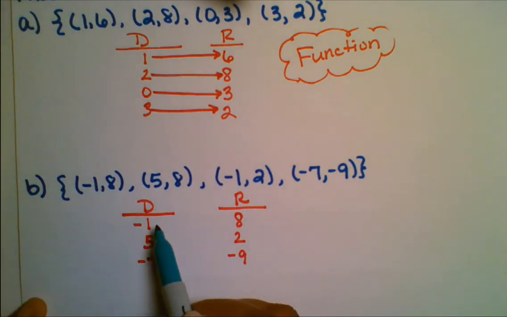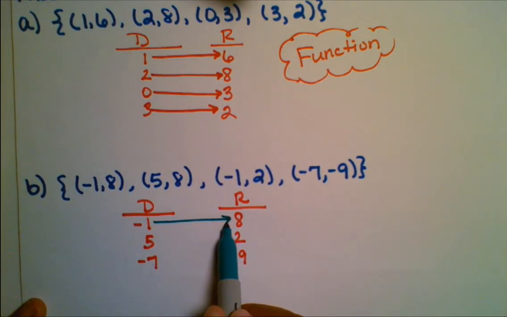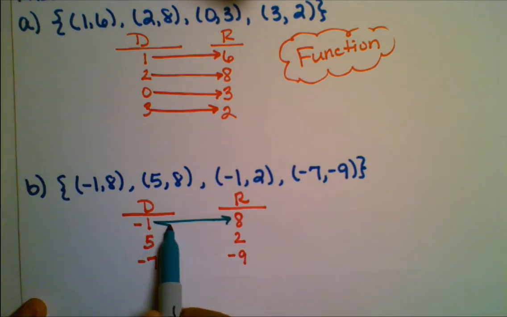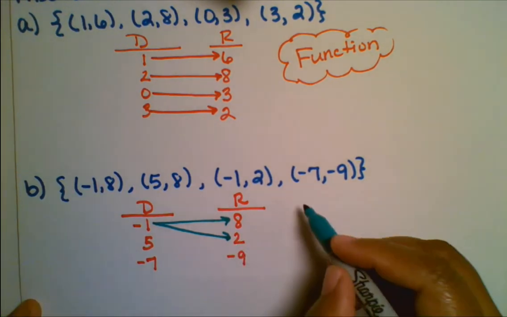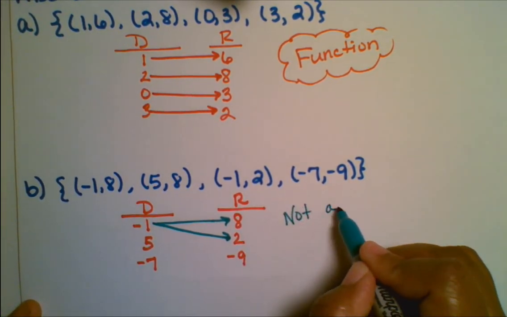We have -1 being paired with an 8 as well as a 2. And at this moment, we can stop. We really don't need to map anymore, because this -1 is being paired with two y coordinates, and we don't want that. So in the event that you do have an x coordinate being paired with more than one y coordinate, we will say that this is not a function.